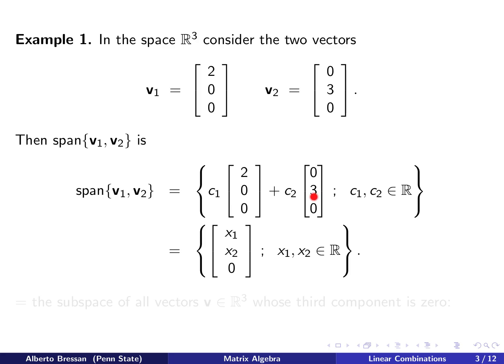And this one you multiply by C2, you get 0, 3 C2 and 0. And you add these up, you see that you have some elements on the first and on the second position, but the third position here will always be 0, right? So this becomes a set of all vectors where the third element is 0 and the first and the second are just real numbers. Okay, so we can also say that this is the subspace of all vectors v in R3 whose third component is 0.